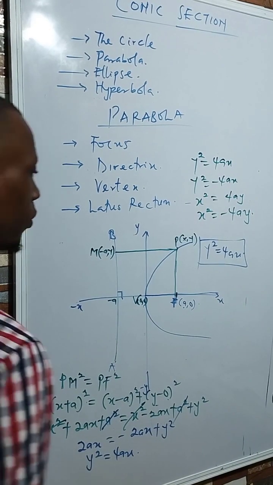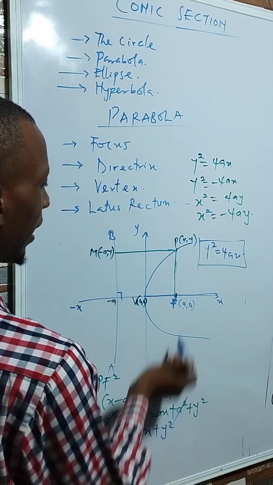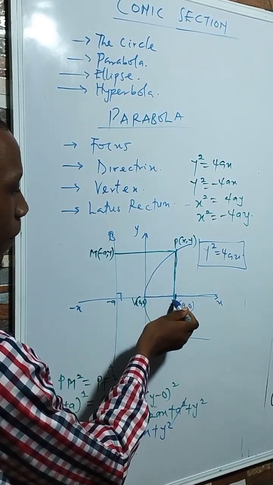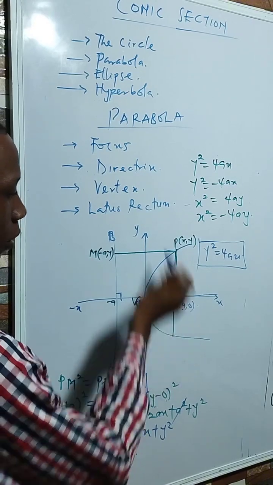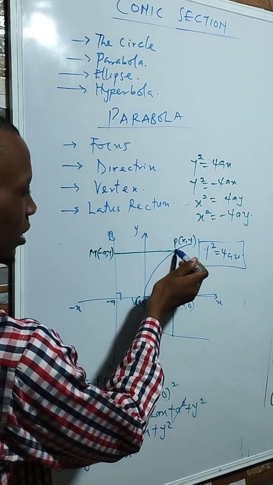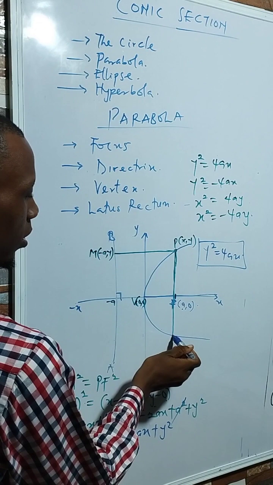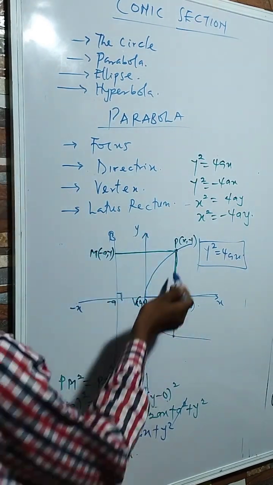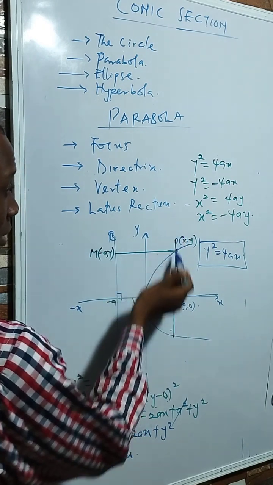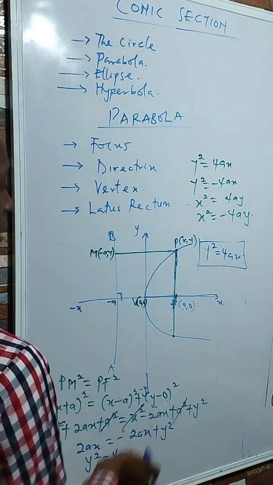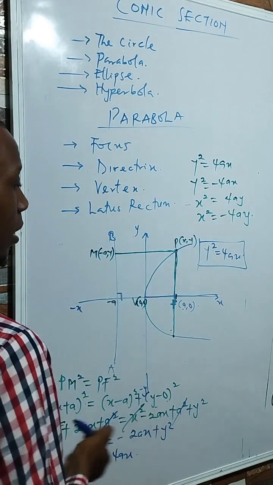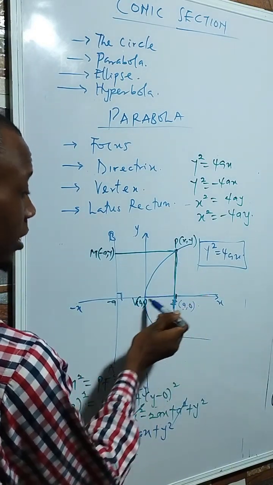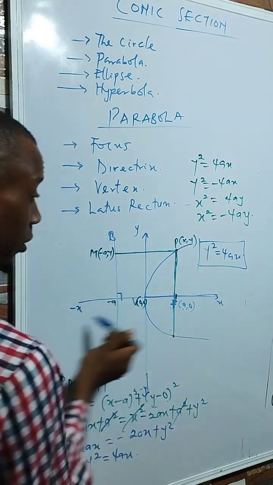So now, what happens to a line that passes through the focus and touches these 2 endpoints? That particular line is a line segment passing through this focus, and it is also perpendicular to the axis of symmetry.